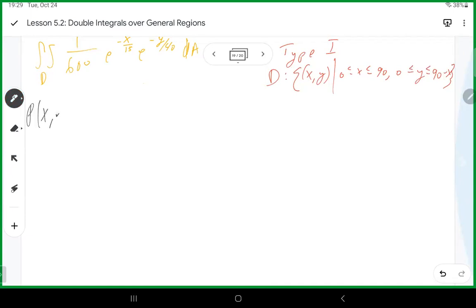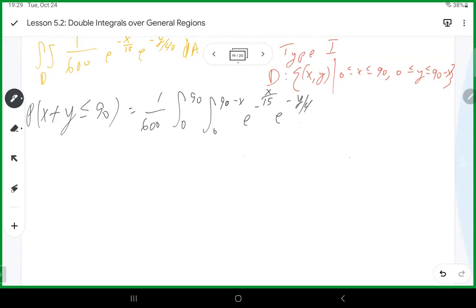So in your test, the probability of x plus y greater than or equal to 90 equals 1 over 600 gets pulled out. 0 to 90, and then 0 to 90 minus x of e to the negative x over 15 on top, and then e to the negative y over 40, dx dy.